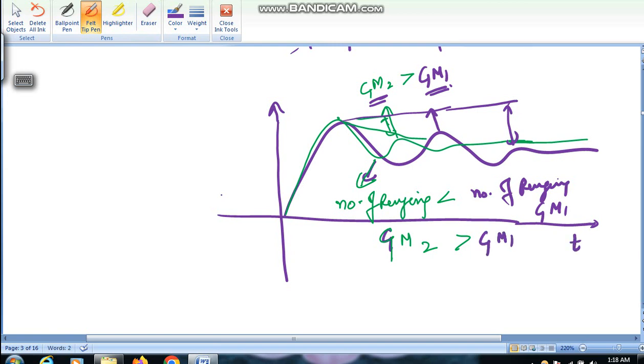This is time. So in settling it has impact, so you should have a specification like minus 10 dB or minus 20 dB gain margin. So it is also an important factor in stability. Thank you.